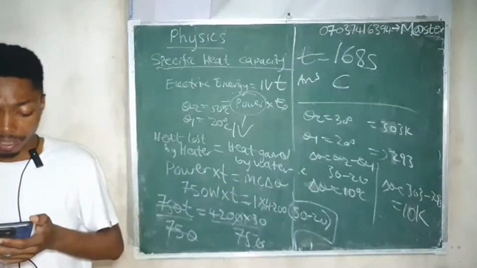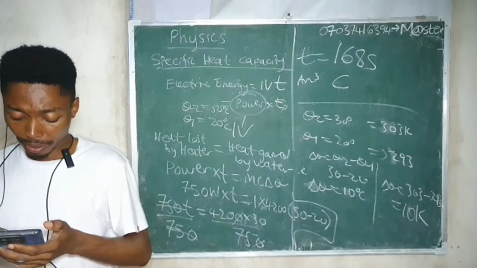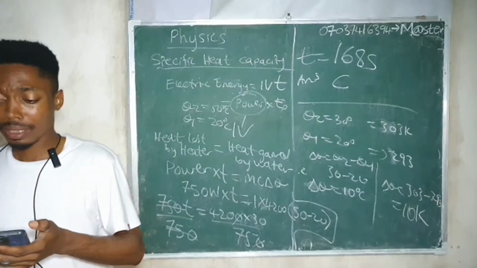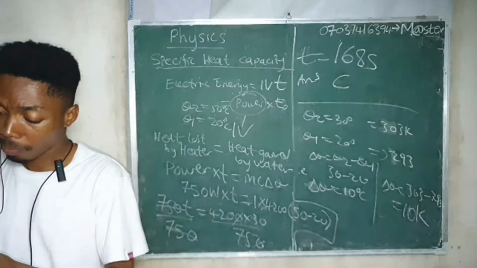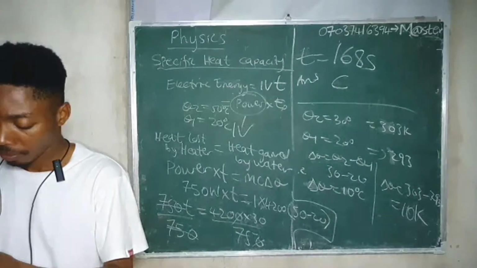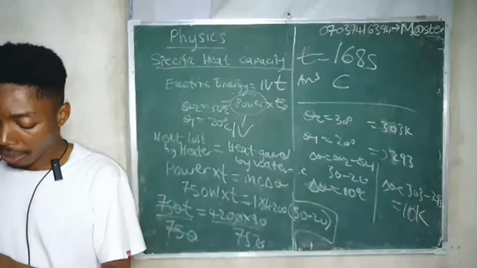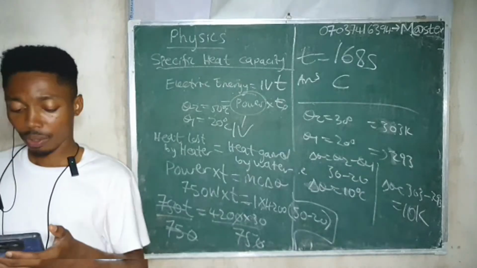I know that many persons are not here on this particular link because I had to create a new link to compensate for the issues that we had. These challenges that we are facing are beyond my control.